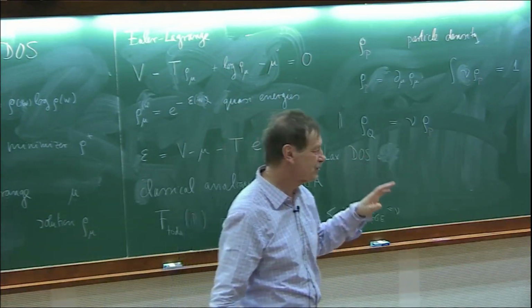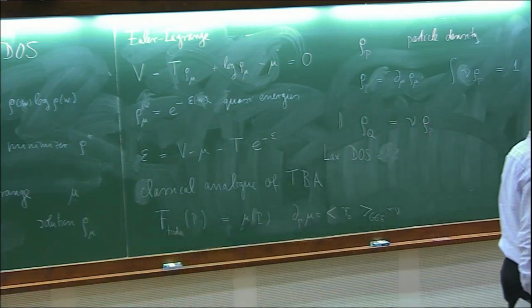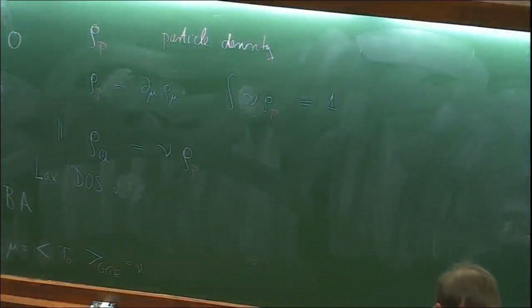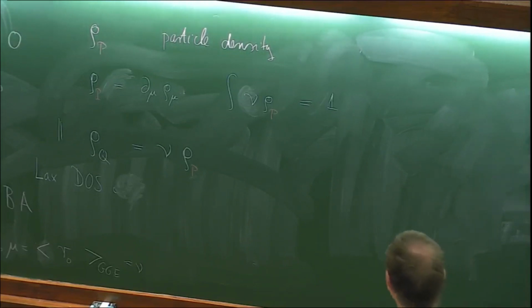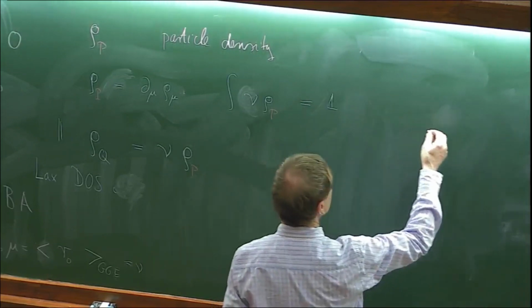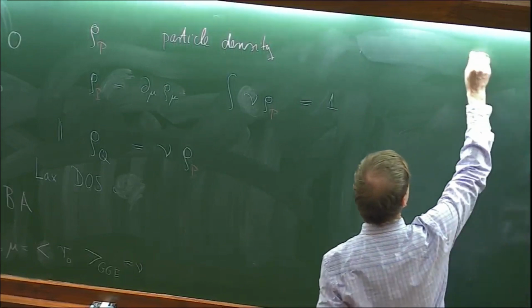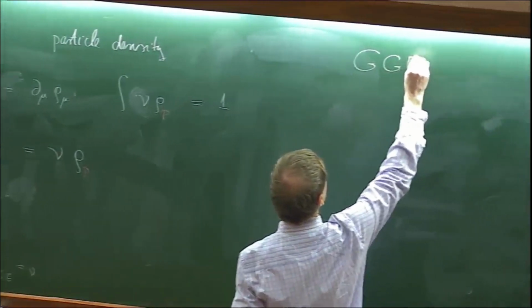Okay, so let me just summarize in words. The big point about this computation is that what before was extremely vague, now we have a very concrete idea of what this object actually is. I have to remind you what the idea is. We have here the GGE, right?